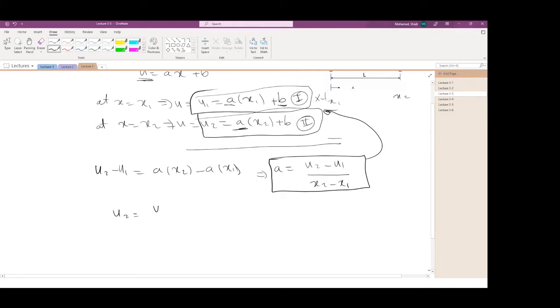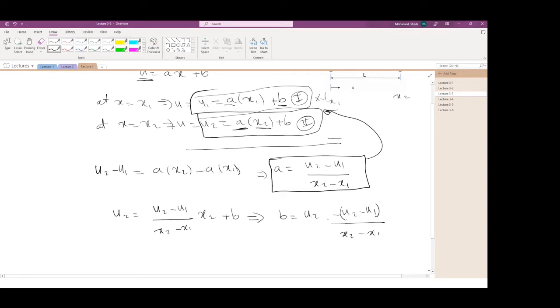So I'm just going to write down the whole thing: U2 minus U1 divided by x2 minus x1, multiplied with x2, and then plus B. In order to find the value of B, I will just move the whole thing to the left-hand side. So this B is going to be U2 minus U1 divided by x2 minus x1.